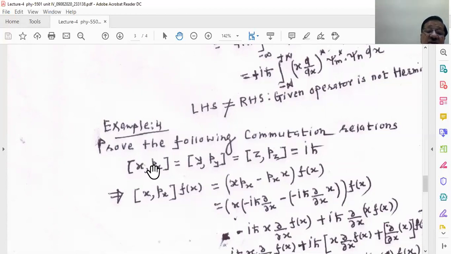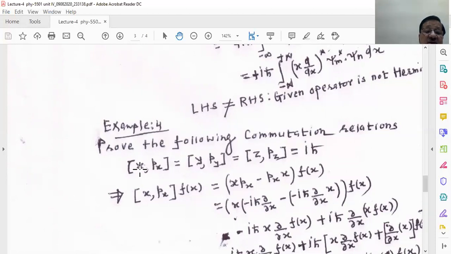That means if they do not commute with each other, one can conclude that these two observables cannot be measured simultaneously, at the same time, together.